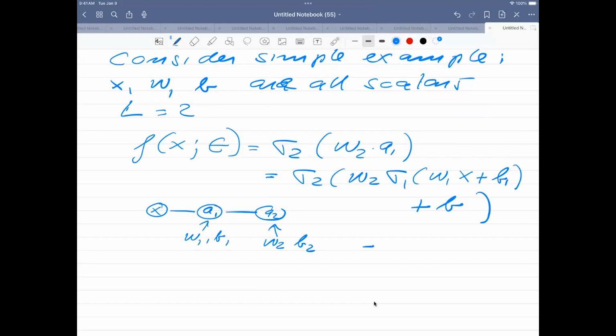So this is the same as sigma 2 of actually w2 of a1. Actually, I forgot one thing here, sorry for that. I actually forgot that one. So this is plus a b2 value. So this is given by this plus b2 here.